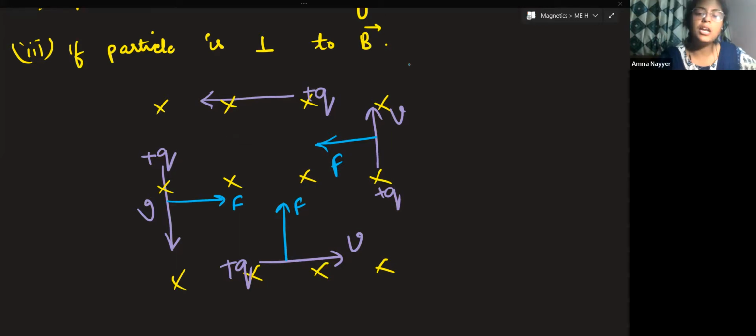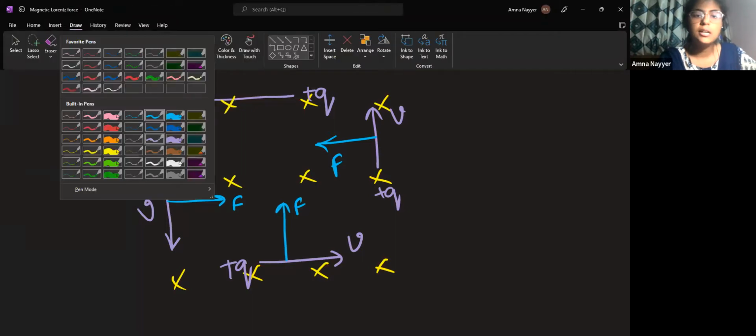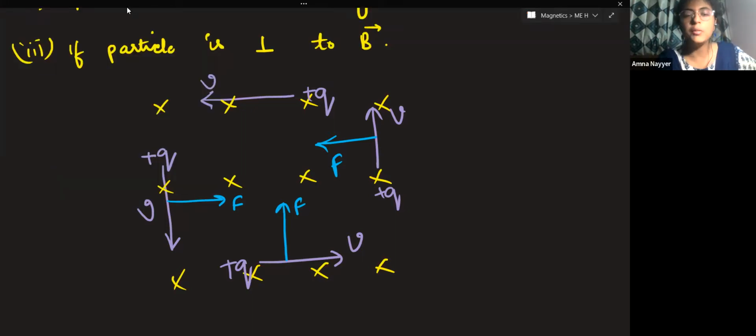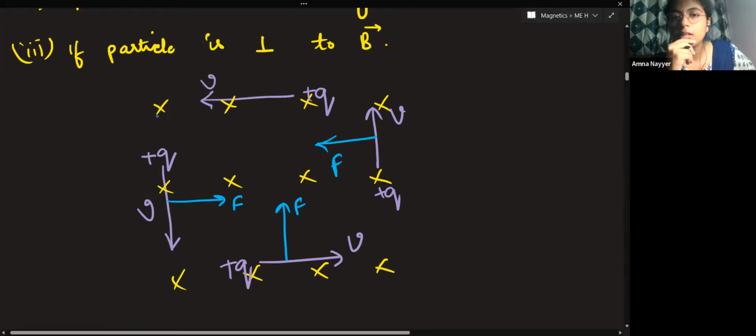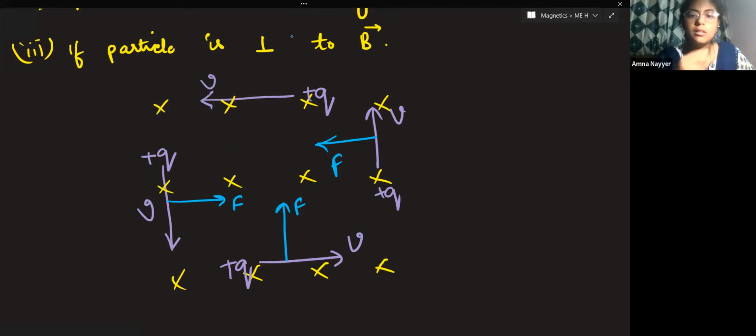Did you keep your hand along the direction of velocity? Okay, Fahad, just unmute yourself and tell me how did you keep your hand. Not upwards, not upwards. See, Fahad, unmute yourself. I'm helping you with it. Just unmute yourself and try to do along with me.